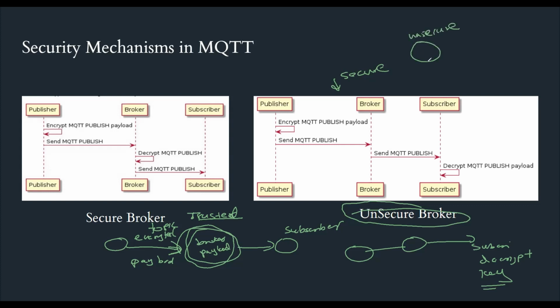That means that even if this broker is secure or unsecure, this communication will send encrypted data from the publisher to the subscriber. So it doesn't matter whether it is secure or unsecure. But in the first situation, we knew beforehand it is a trusted broker, and therefore we sent it without encrypting from the broker to the subscriber.